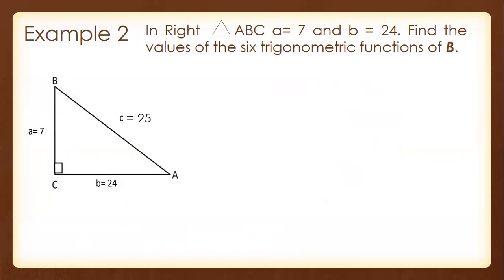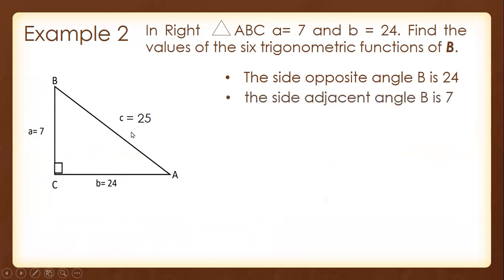Okay, so let's have the 6 trigonometric functions of B. The opposite side of the angle B is 24. The adjacent side of angle B is 7. And our hypotenuse is 25.